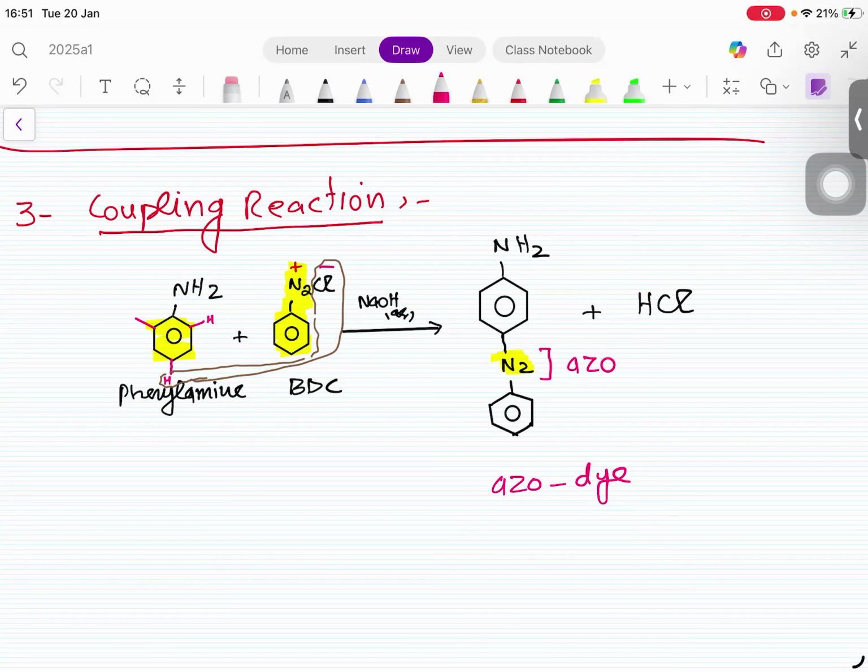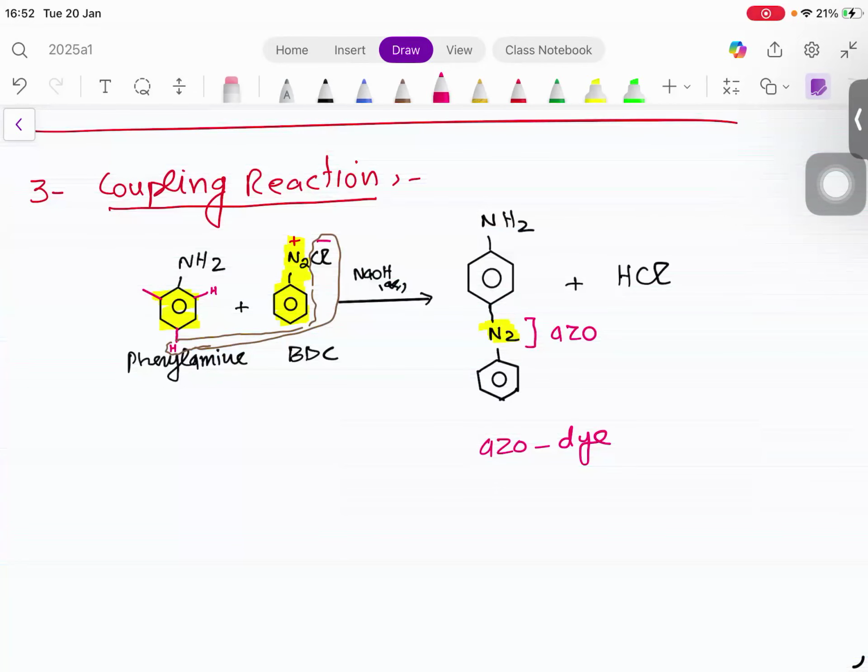So now one thing clicks in my mind. We have just learned previously that phenol's reactions on the benzene ring are always similar to the reactions of phenylamine. So it means the same reaction will also be happening with what? Phenol.